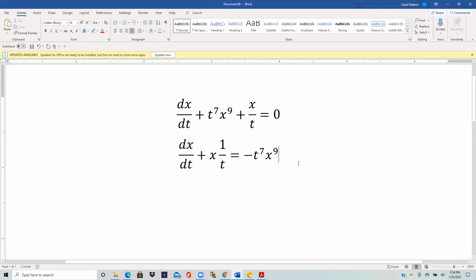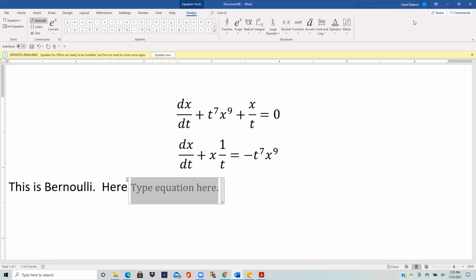So if we write those, we would say this is Bernoulli. So we will now call this p of t, and the negative t to the 7 will be q of t.